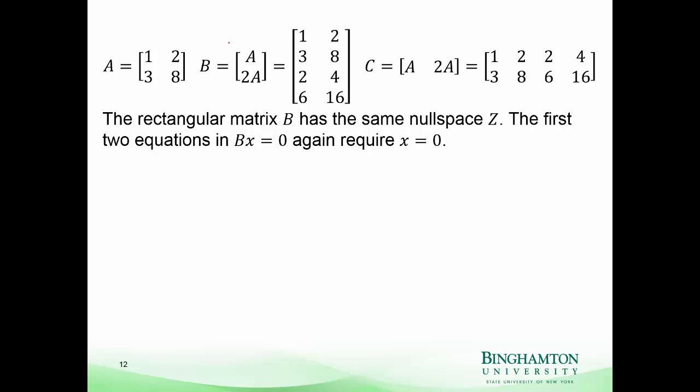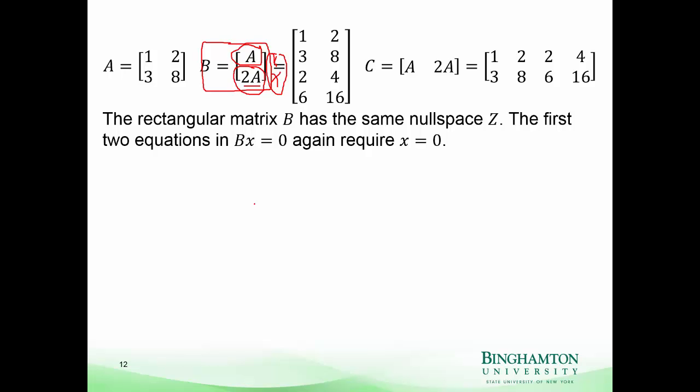We're now going to look at B, where we take A and stack A on top of 2 times A. So now we've got a tall rectangular matrix, and the claim is that this has the same null space as Z. It's pretty easy to see that when we put the x1 and x2 here, this top part has to still work with those to make 0. So those will still have to be 0 and 0. And putting this down here doesn't really allow any other solutions because those have to be 0, 0 to make it 0 at the top.